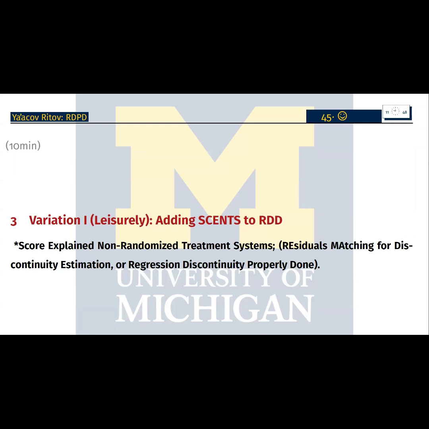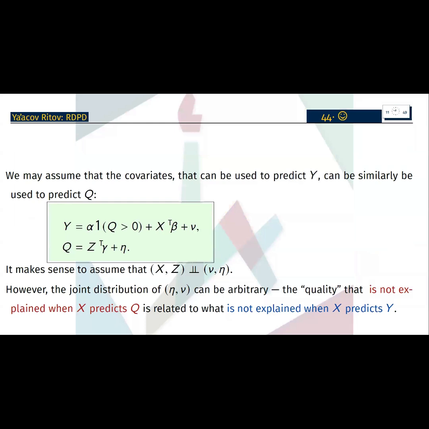Okay, so now I'm going to what we do. The main point in which we deviate from the crowd is the last line.